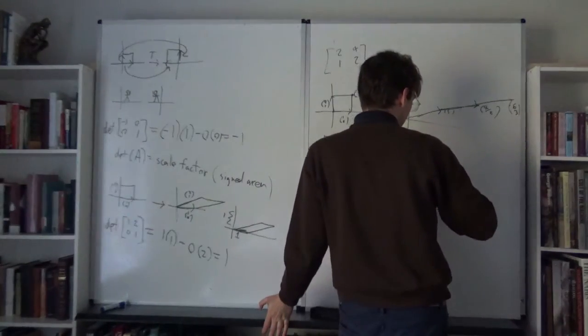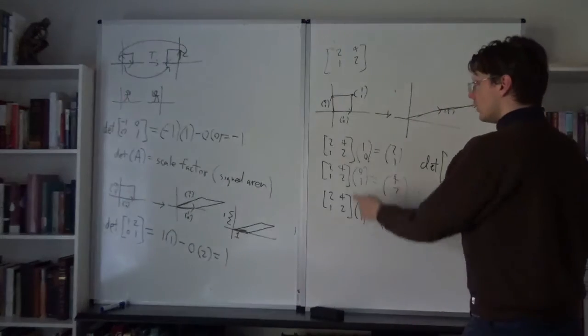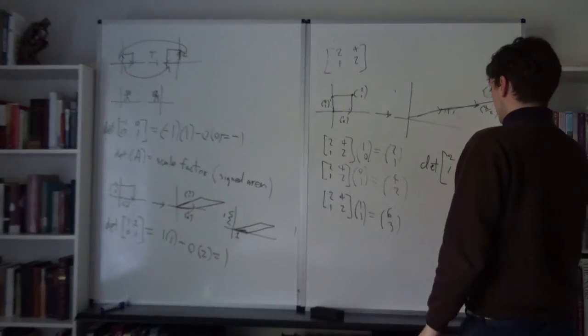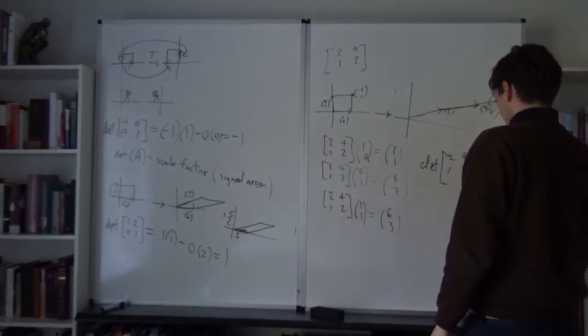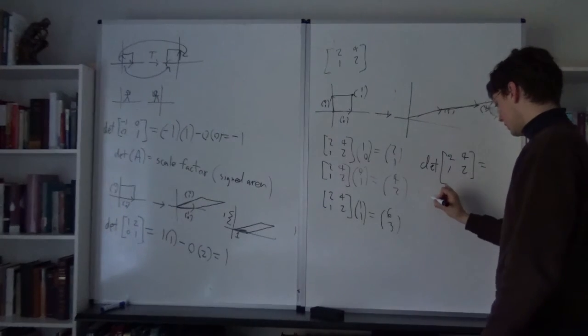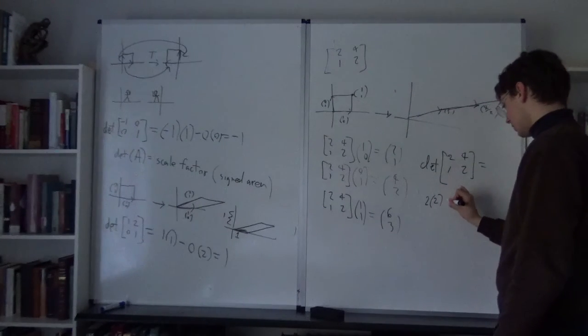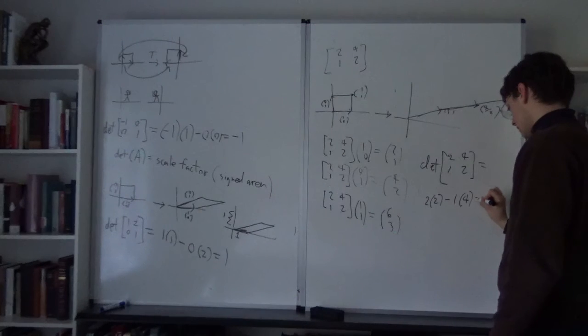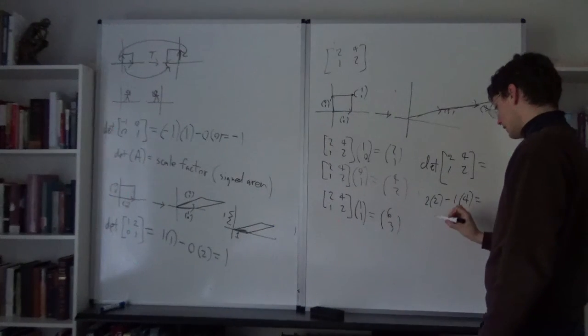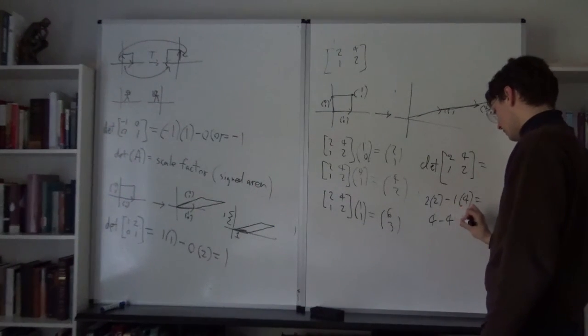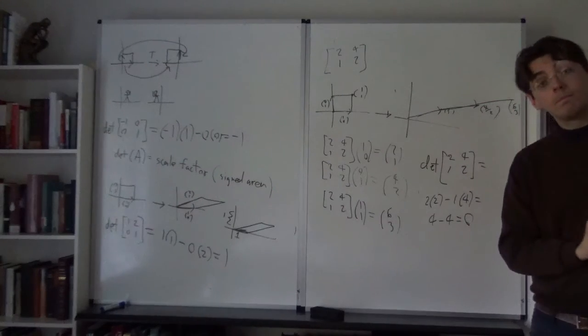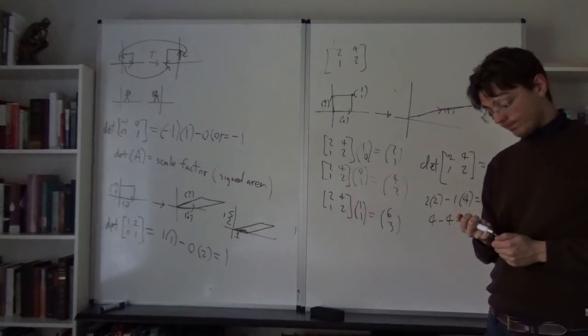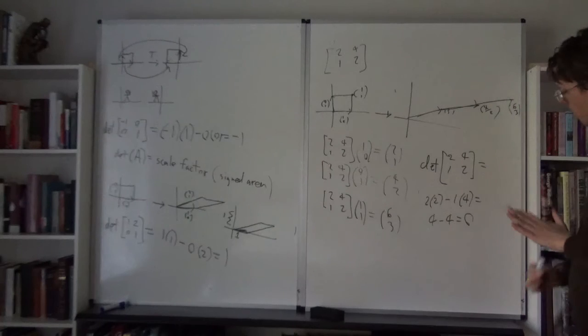So let's see here. Determinant of this guy, 2, 1, 4, 2. That's going to equal 2 times 2 minus 1 times 4. And that right there, 4 minus 4, that equals 0.